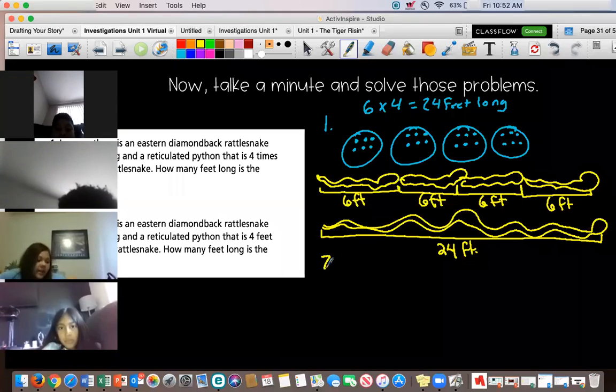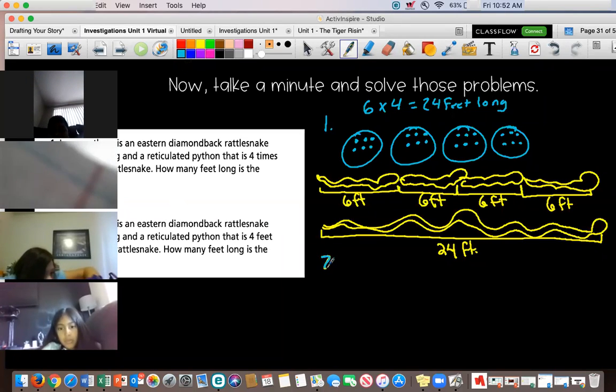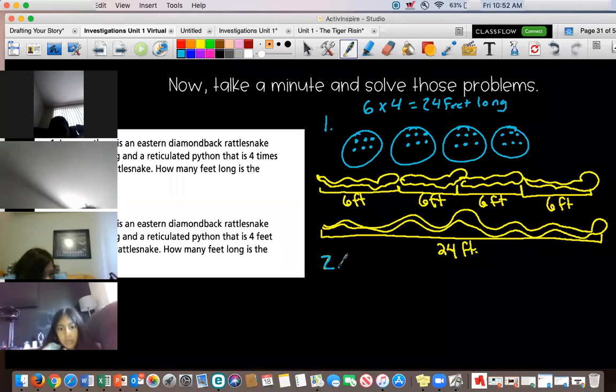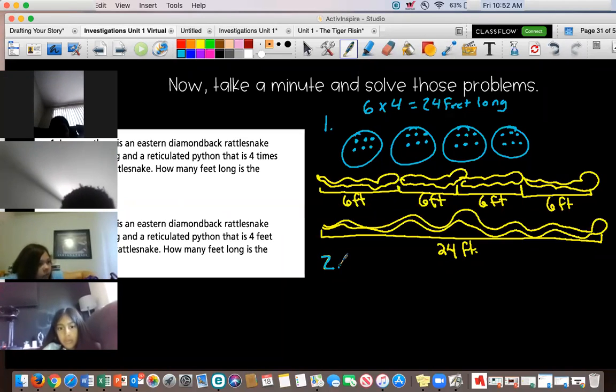I solved number 2 by just using the circles. Okay, so what did you do for number 2 then? So I drew 6 circles, and then put 4 dots in each circle.